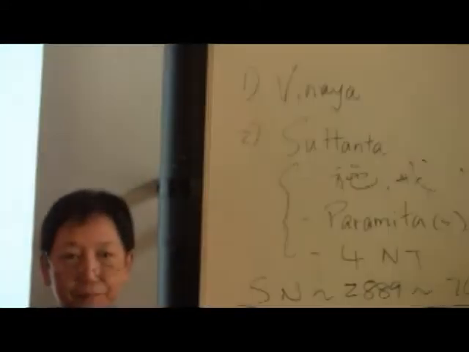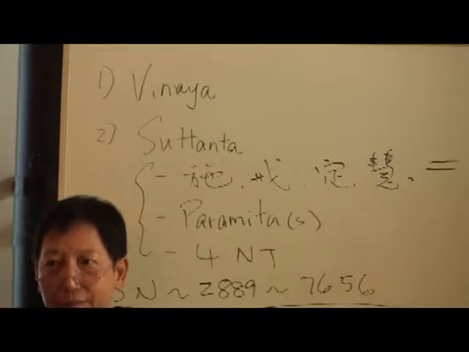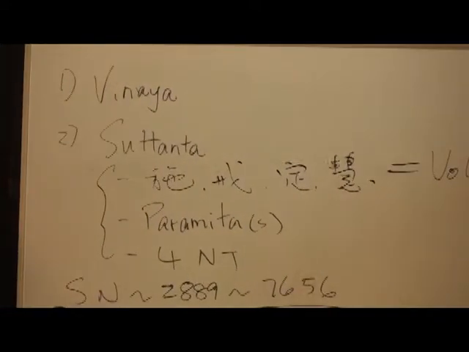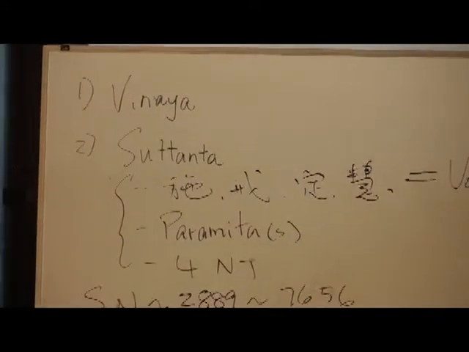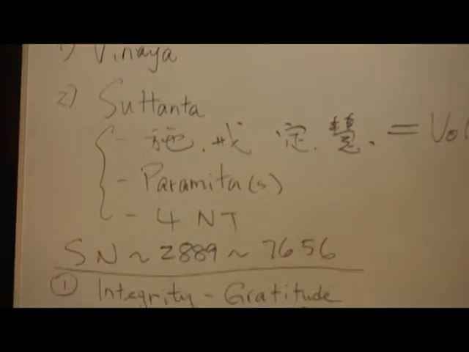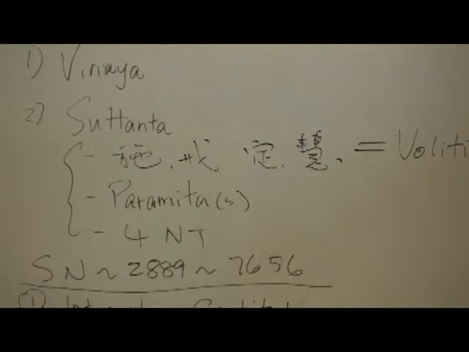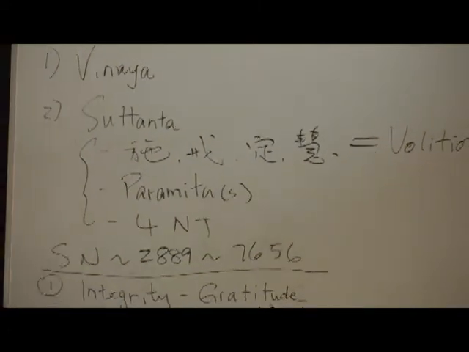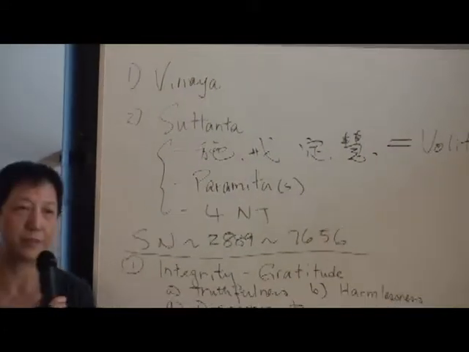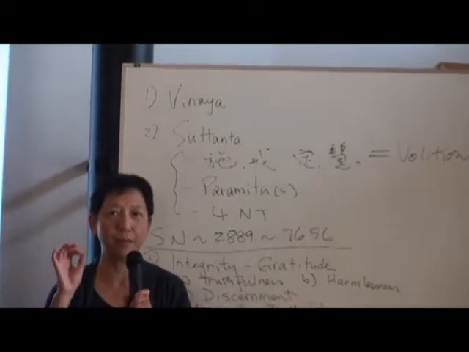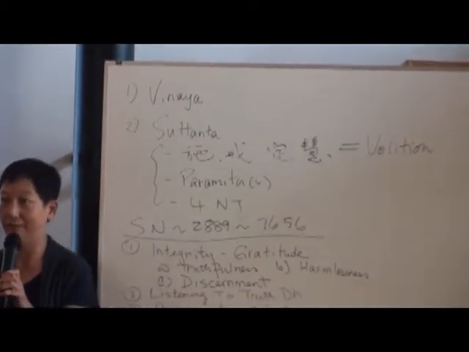Suttanta, meaning the discourse, is within the three baskets. And we know that in the suttas, or the discourses of the Buddha, by learning the histories of Buddhism, as Sharon just did, Buddhism actually started in India, right?